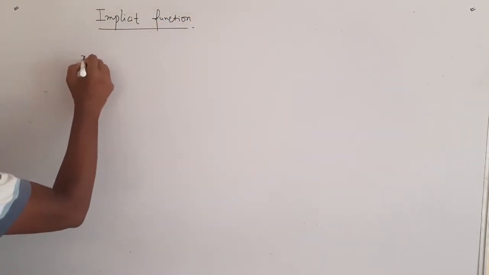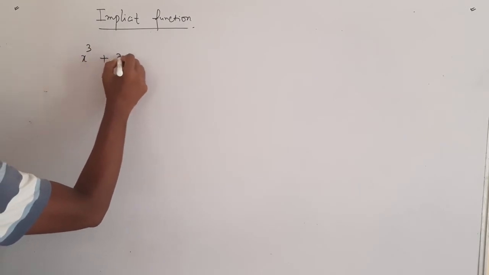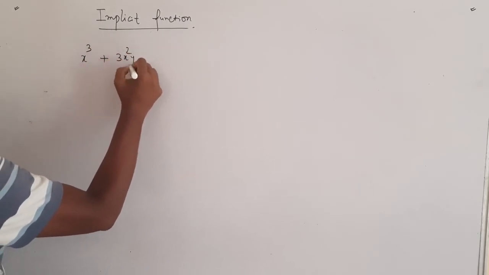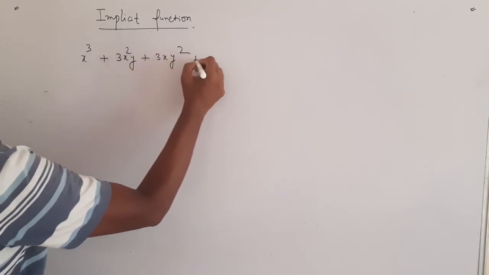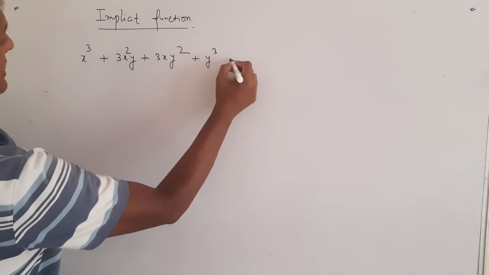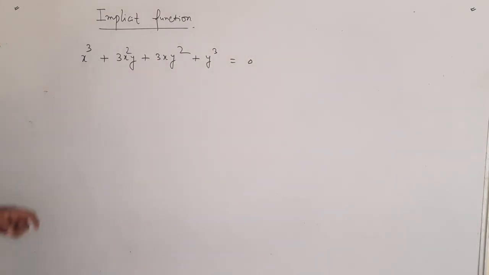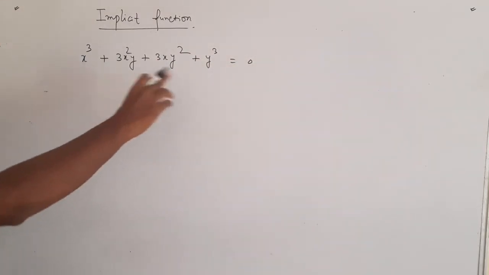Now suppose I have a function x cube plus 3x square y plus 3x y square plus y cube equal to 0, and I have to find the differentiation of this expression.